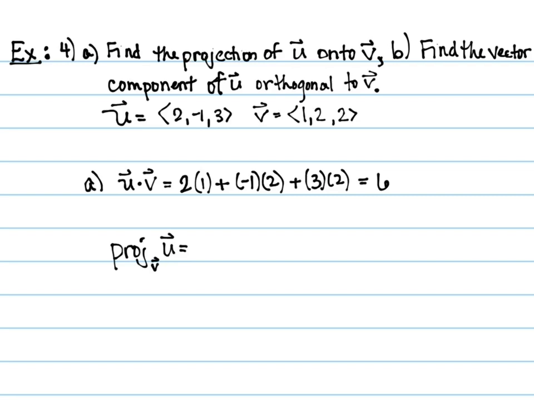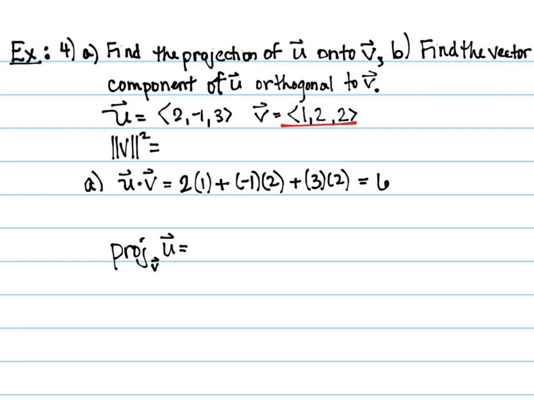What else do we need? Magnitude. Yeah, we might need the magnitude of v, and we need it squared, so we're not going to have a square root. The magnitude would have a square root normally. So it's vector v dotted with itself, essentially.